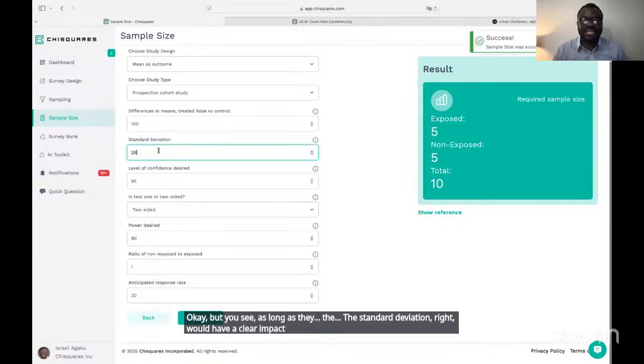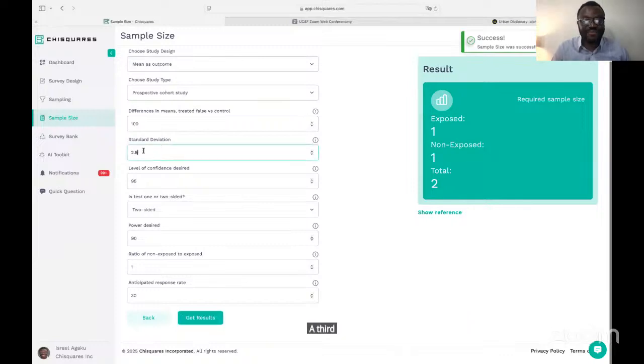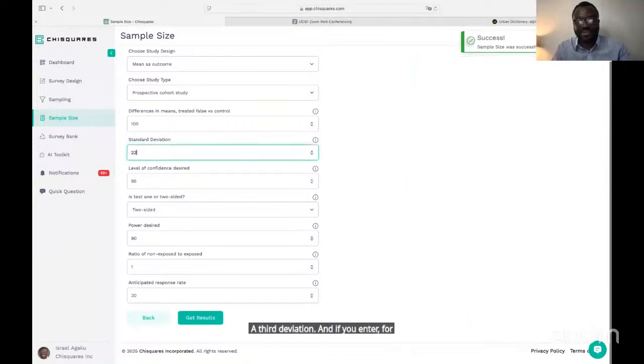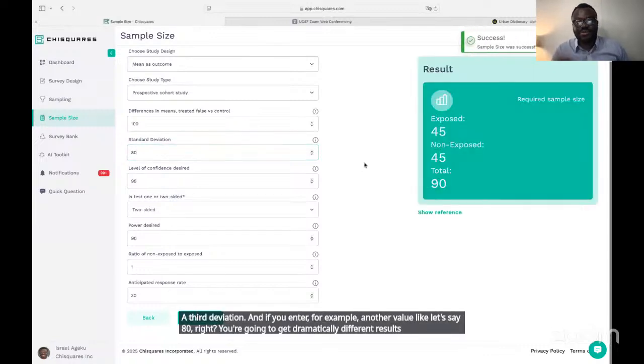Now, this is where it can be tricky, because you don't know what the standard deviation is for your population. Obviously there's a difference between entering 2.5 as the standard deviation and entering another value, like let's say 80. You're going to get dramatically different results based on what has been entered.